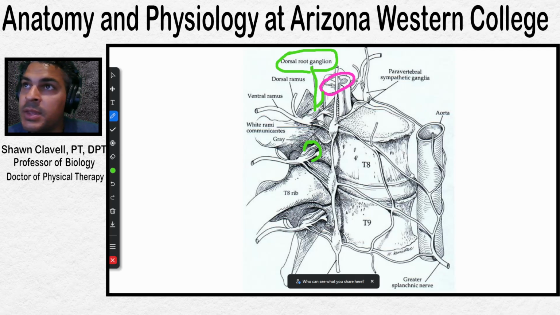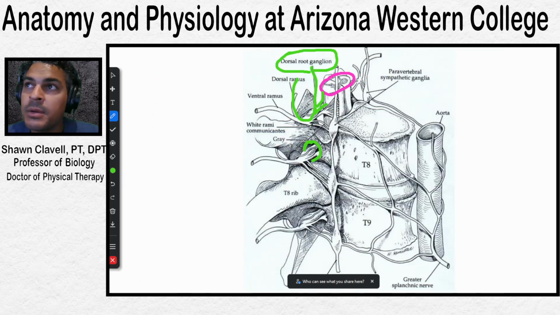And so the information will travel in here, and it will synapse down towards the dorsal root ganglion and continue on towards the axon, towards the spinal cord. That is a ganglion.